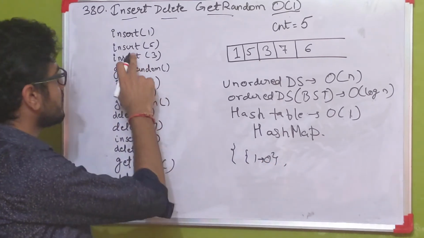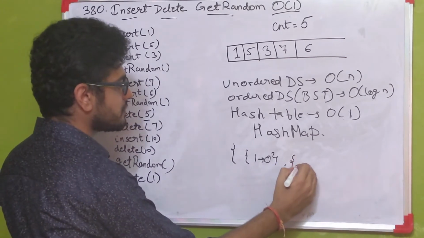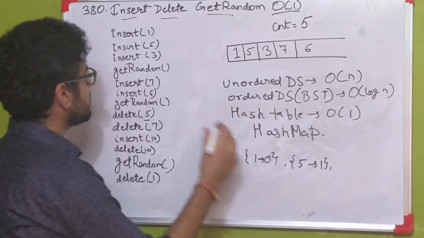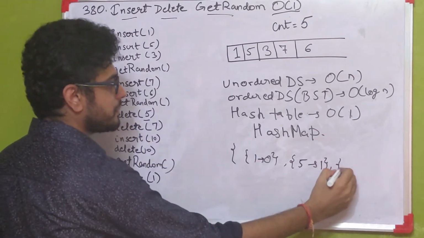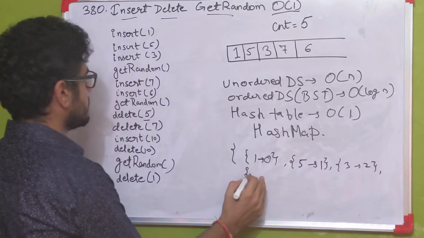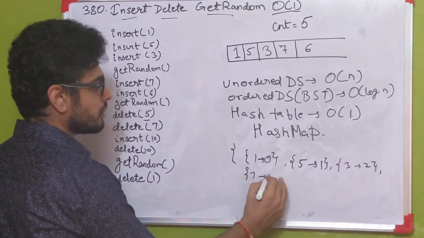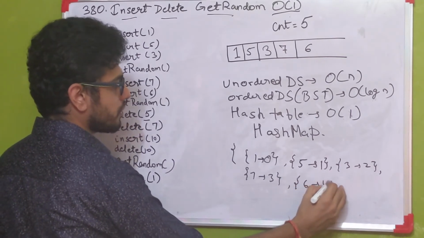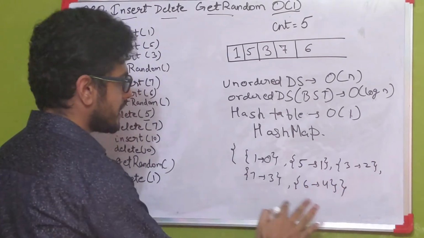Then 5 is inserted at index 1, so we map 5 to 1. Similarly, 3 is mapped to 2, 7 is mapped to 3, and 6 is mapped to 4. So we have this mapping now.